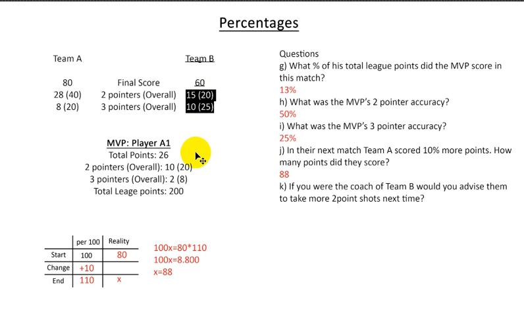And what you should notice is that Team B took more 3-point shots than 2-point shots in comparison to Team A, which took way more 2-pointer shots.